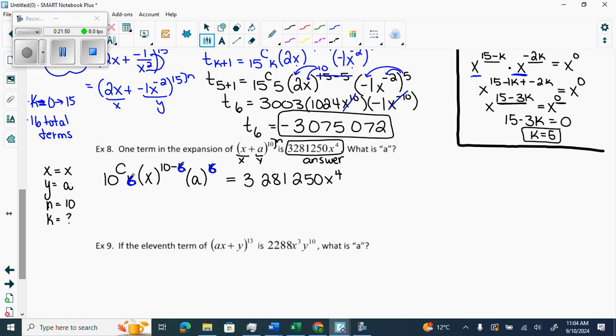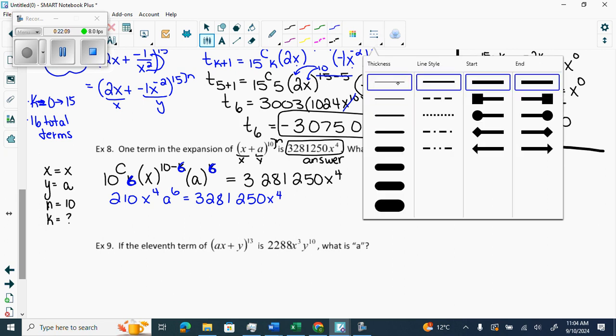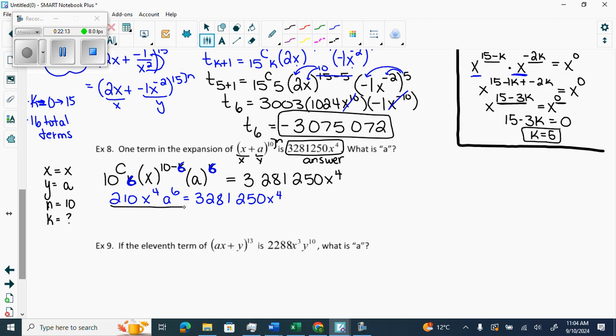A number. 210? 210 x to the 4 a to the 6 equals 3,281,250 x to the 4. Then I can divide by the 210 and the x to the 4.